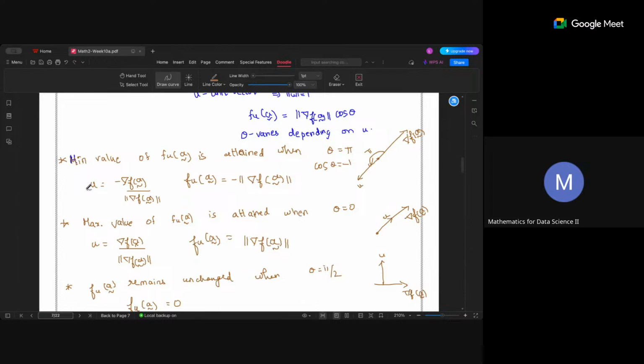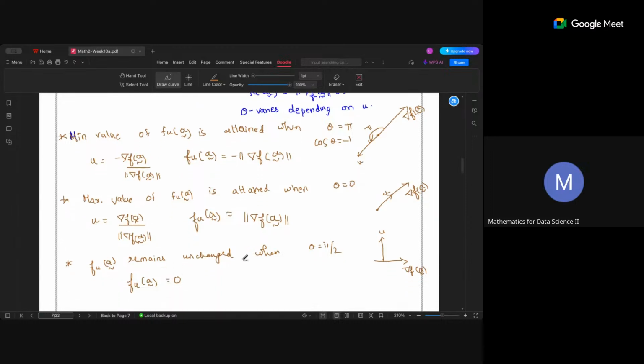Here we see that in this direction of u, it is obtaining the minimum value. In this direction of u, it is obtaining the maximum value. And in this direction, it is not undergoing any change. So when it is orthogonal. Okay. So far, is it clear to everyone?